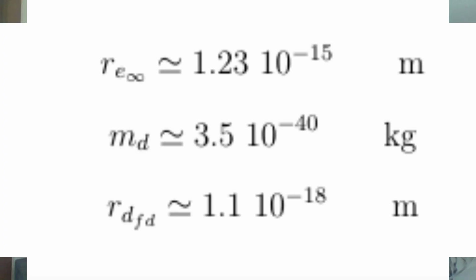But if you take the individual ones, mass and free daon radius individually, then the values are much less precise, because of the problem at the center of the electron.